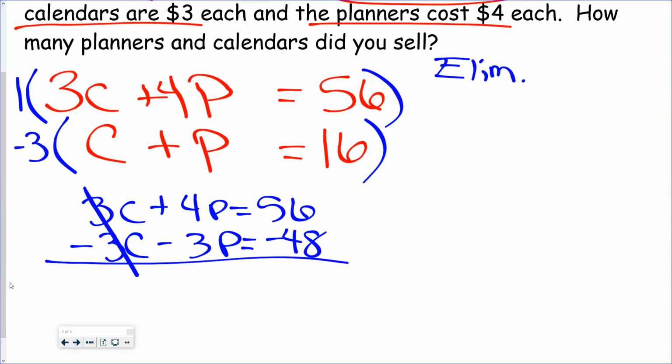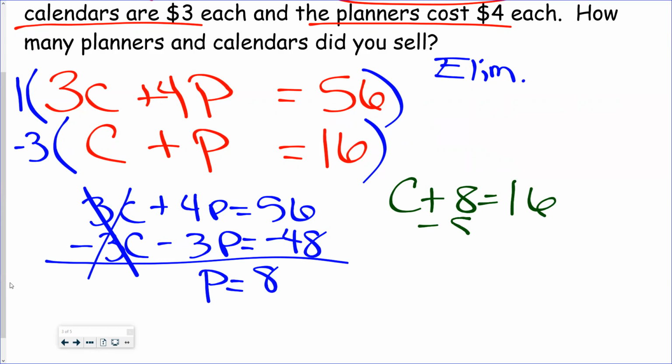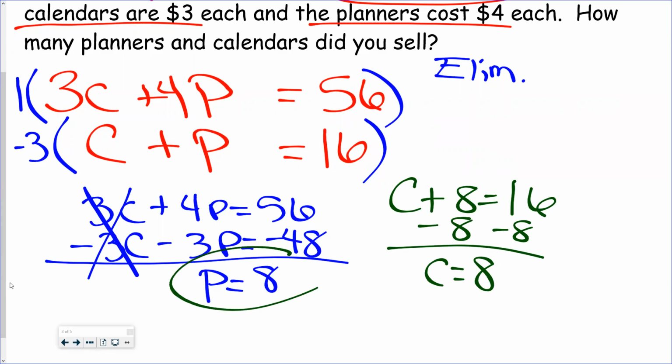All right, we'll cancel out the C terms and we'll get P equals 56 minus 48, which is 8. So I know my number of planners. I still need to get how many calendars I have. So that would be C plus 8 equals 16. If I subtract 8, I'm going to see the number of calendars ends up being 8 as well. So that's my number of planners, that's my number of calendars.